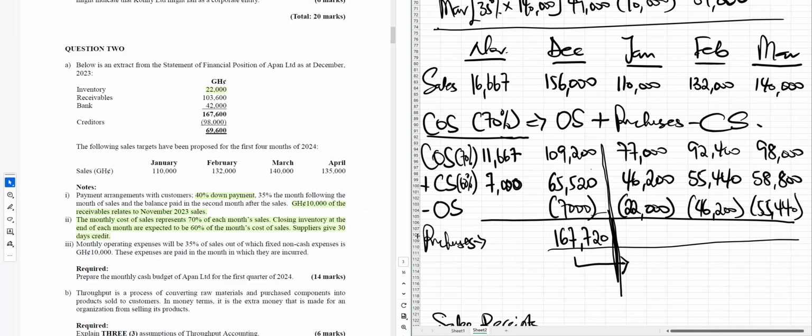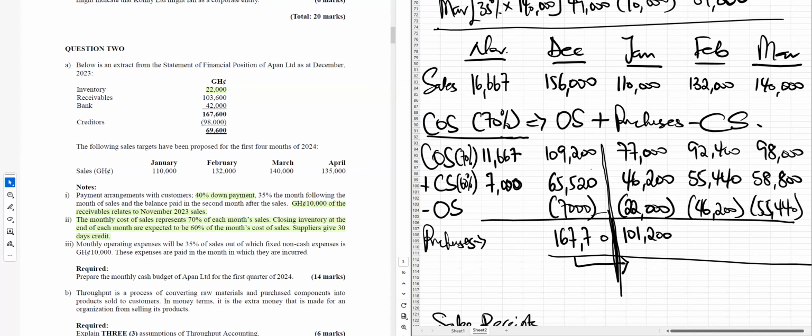26,200. 83,200. And 93,200. We have 101,200. Oh, that means these ones remain the same. It's only here that we change the opening stock. Everything else is the same.